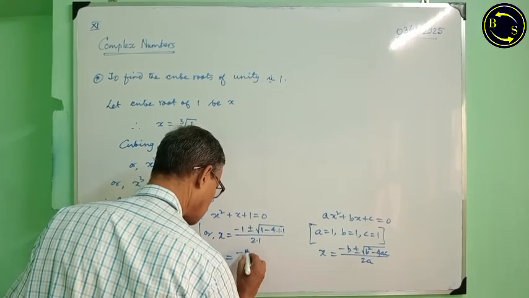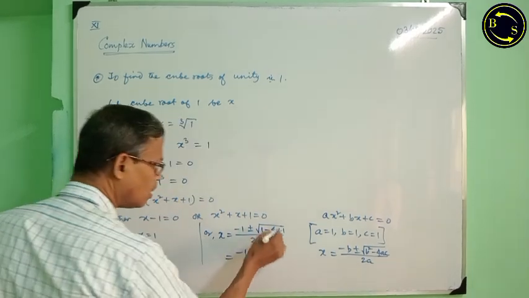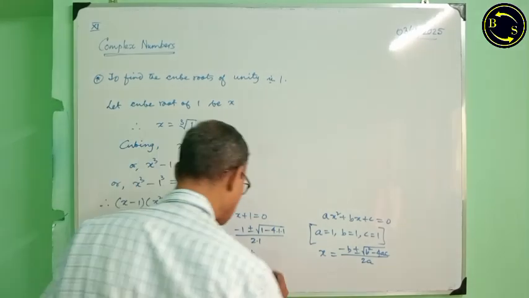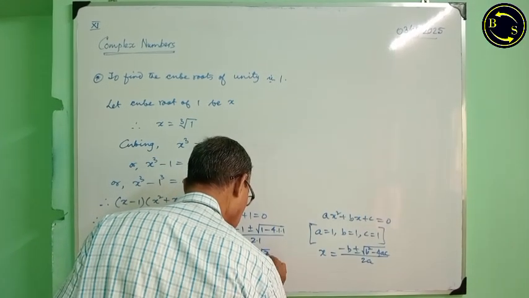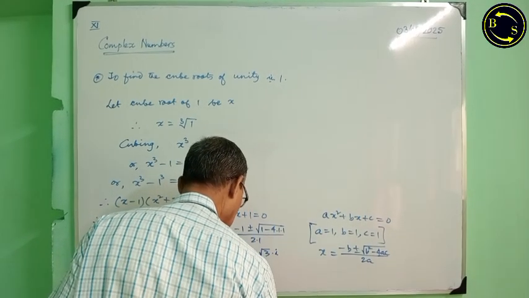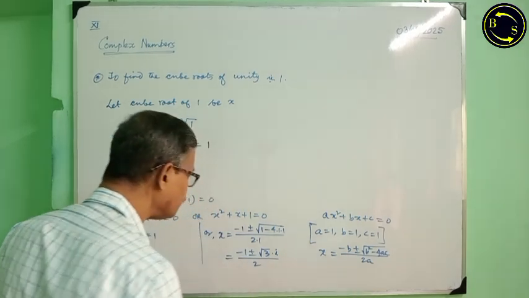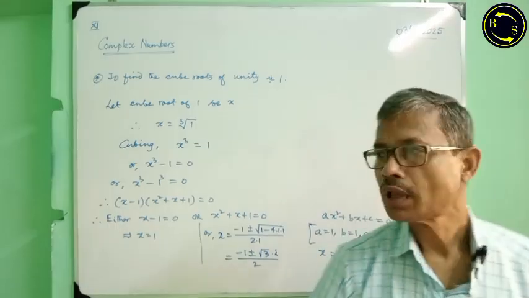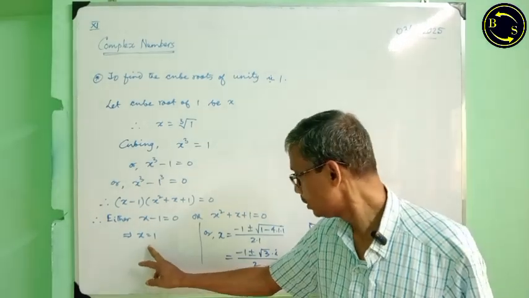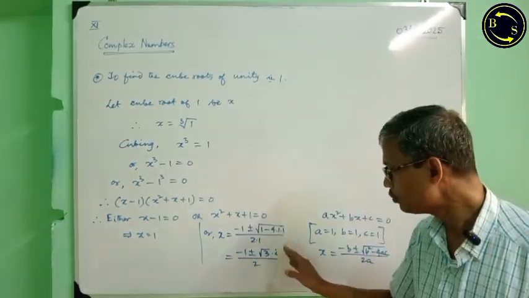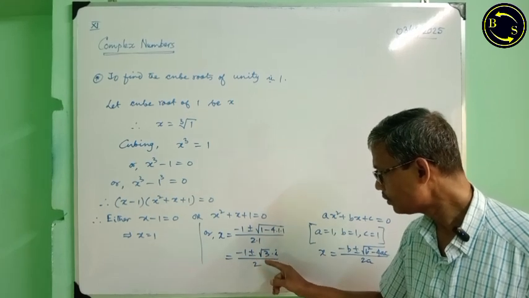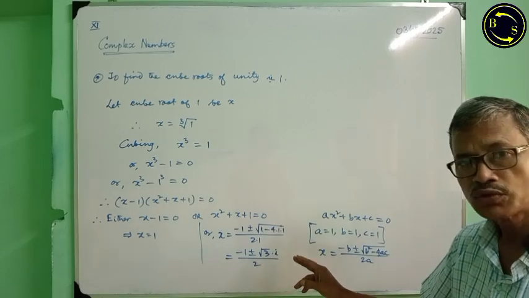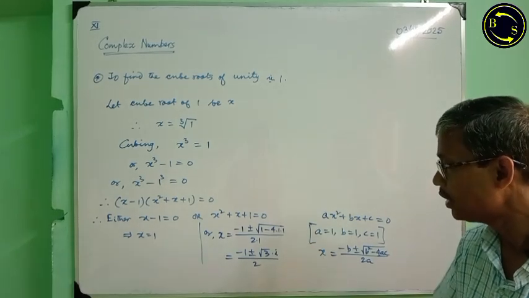That means minus 1 plus minus. The result is minus 3, 1 minus 4, that is minus 3. That can be written as root 3 into i by 2. Now we find 1 cube root is 1, and other cube roots are minus 1 plus root 3 into i by 2 and minus 1 minus root 3 i divided by 2.